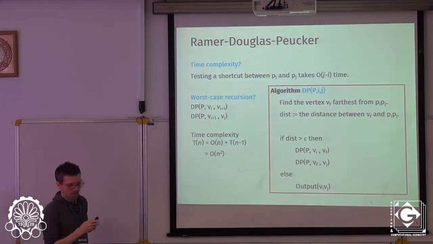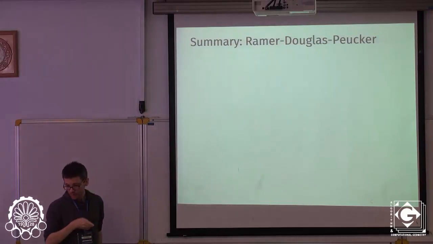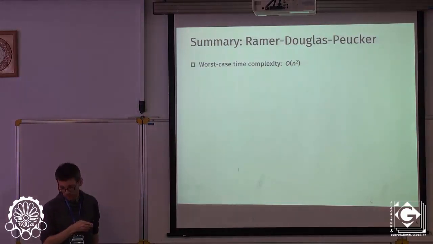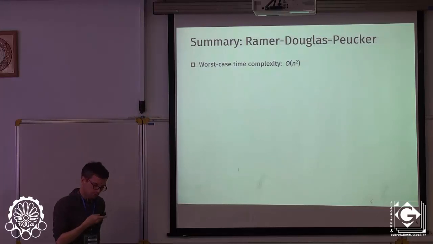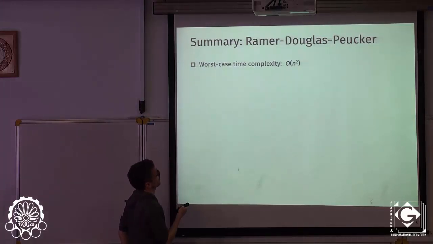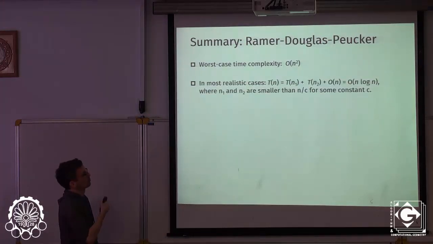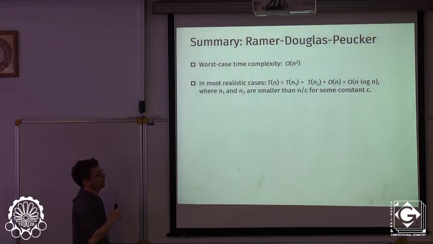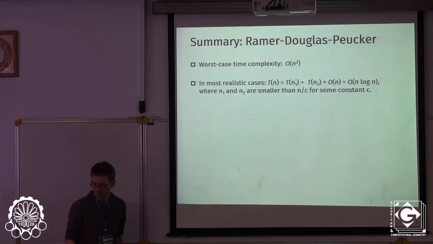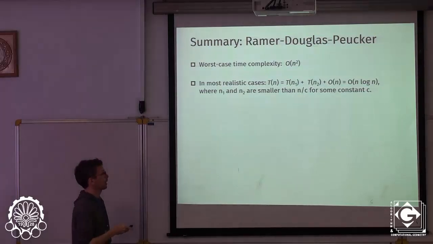Good. So, once more about this algorithm, it runs in quadratic time, of course. I'm not sure whether realistic is the right term, but not unlikely the split will be more in the middle, and then the running time is hopefully, on many data sets, closer to n log n.